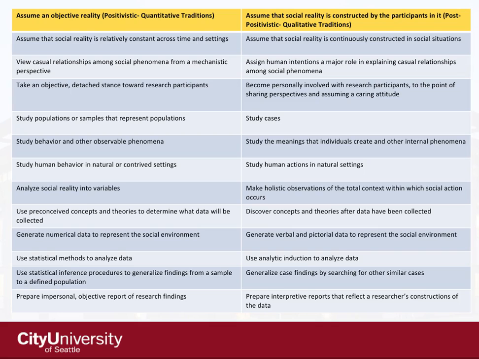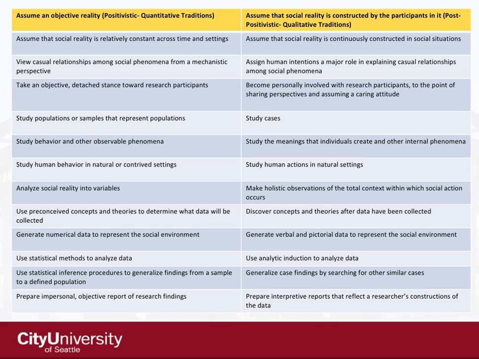The main point is that, about two-thirds down here, almost the third from the bottom, positivistic or quantitative traditions typically use statistical methods to analyze data, whereas post-positivistic or qualitative traditions use analytical induction to analyze data.